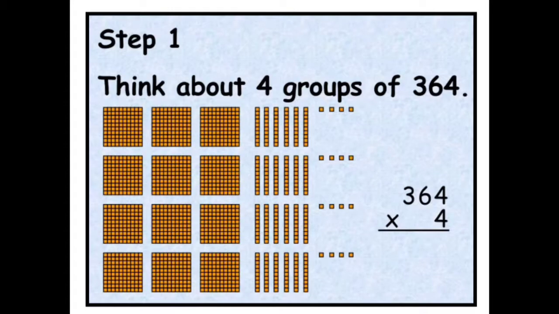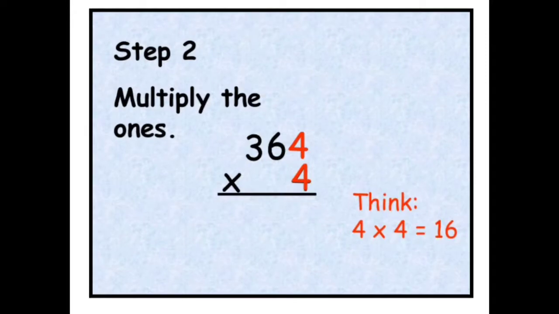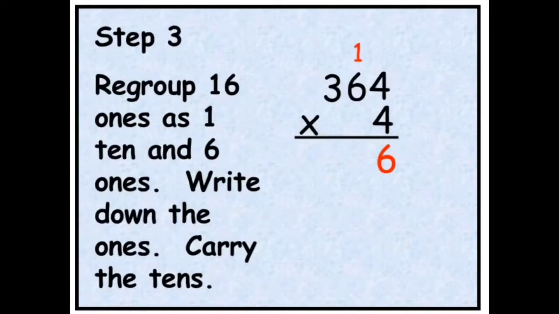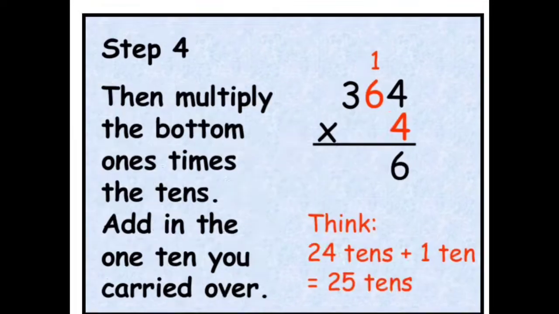You know that we always start our calculation from the ones side. Then 4 4s are 16. Correct. Then again the same thing, regroup 16 ones as 1 ten and 6 ones, write down the ones, carry the tens. So 4 4s are 16, 6 is here and carry 1 is here.